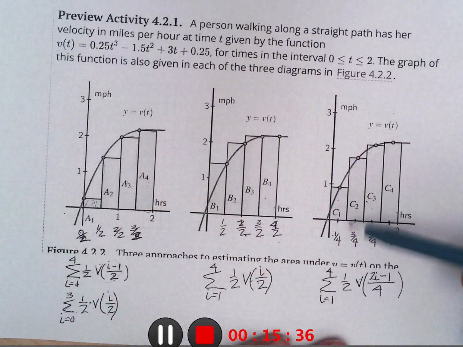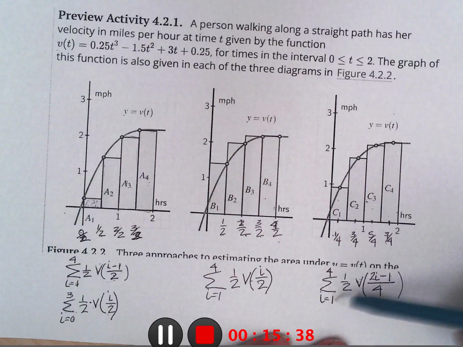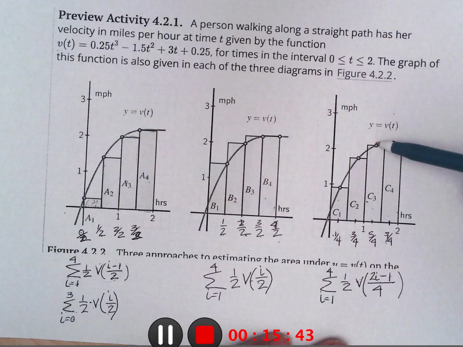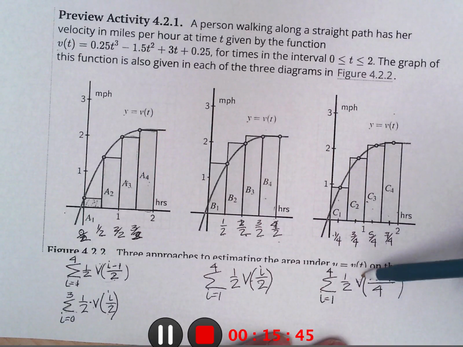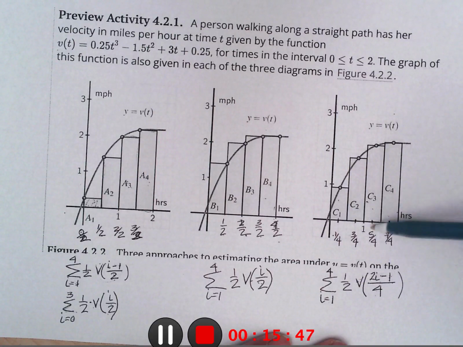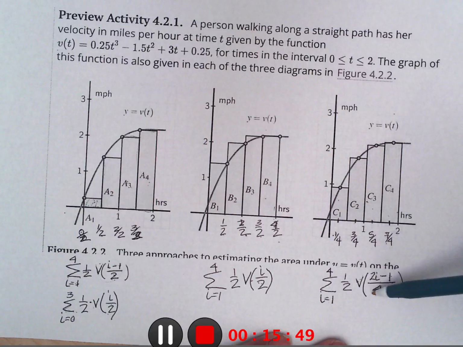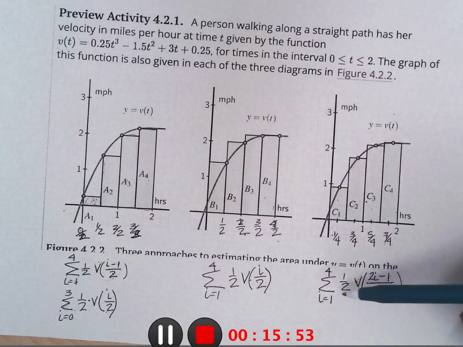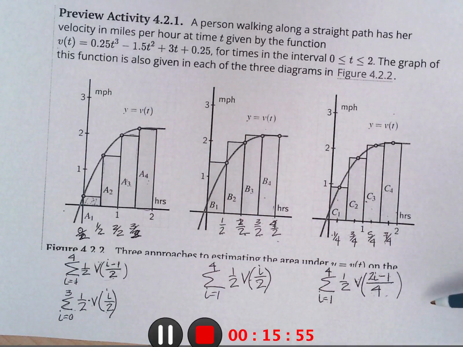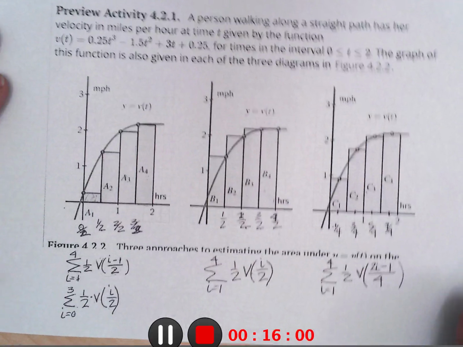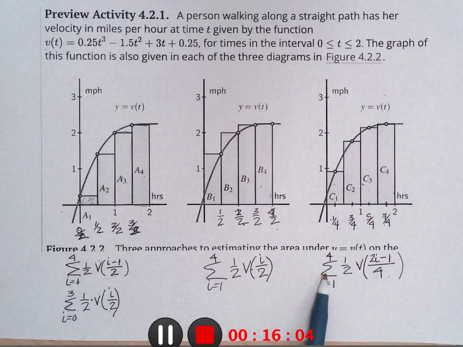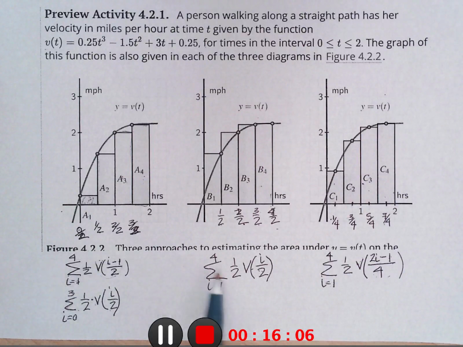And then when I is 3, 6 minus 1 is 5 fourths, so I'd be finding the height, V of 5 fourths, taking it times 1/2, and I would add all those up. So there's one possible way of writing this. There are others. Okay? So that's a clue on how we're going to tie this sigma notation, the summation notation, into finding areas.